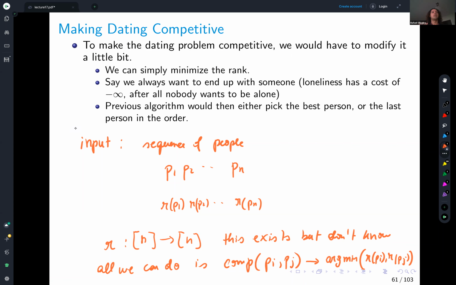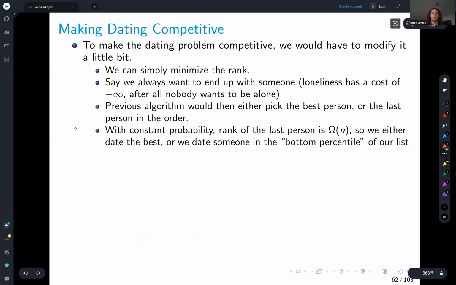So this is what we were doing before. The only thing we can do is this comparison. So our algorithm would either pick the best person or the last person in the order. It's an easy probability question: with constant probability, the rank of the last person is omega n.